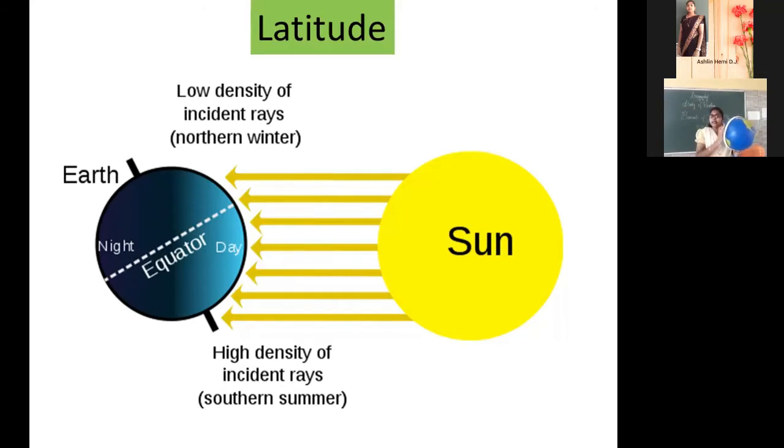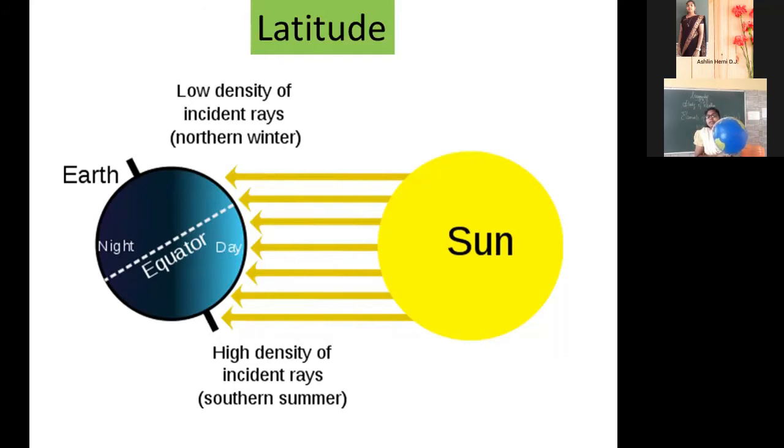But on the other hand, at the North Pole and South Pole, the sun's rays will be slanting, so the temperature will decrease in the top portion and at the bottom.